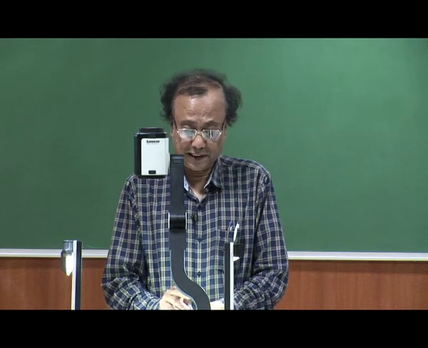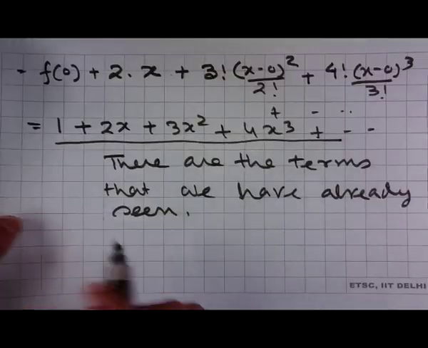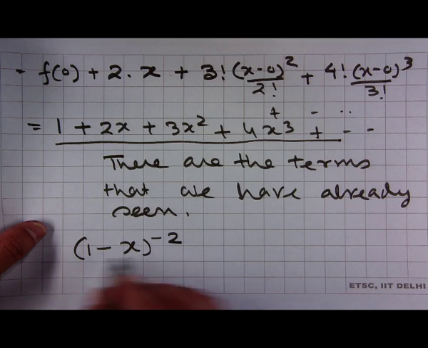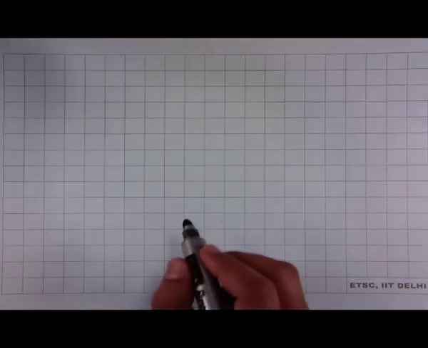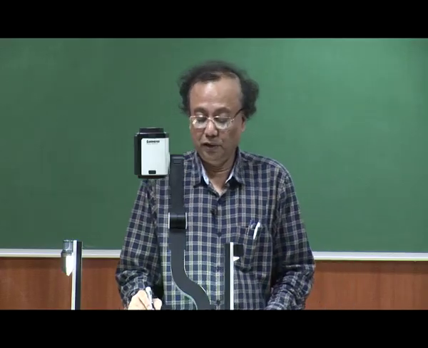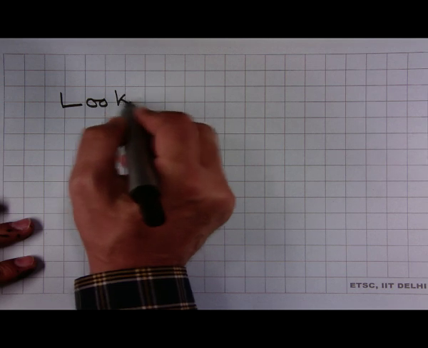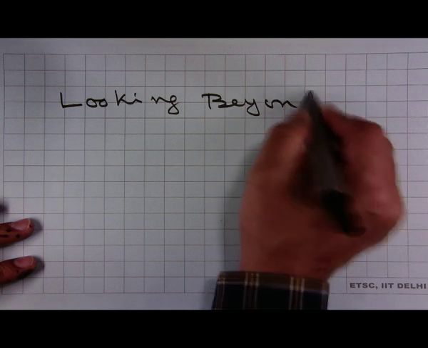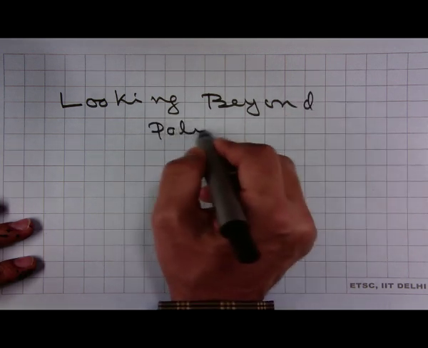So, Taylor series expansion works for (1 minus x) whole to the power minus 2. I want you to verify the same with other polynomial expansions that we have done already in this class, and I shall go beyond polynomials.